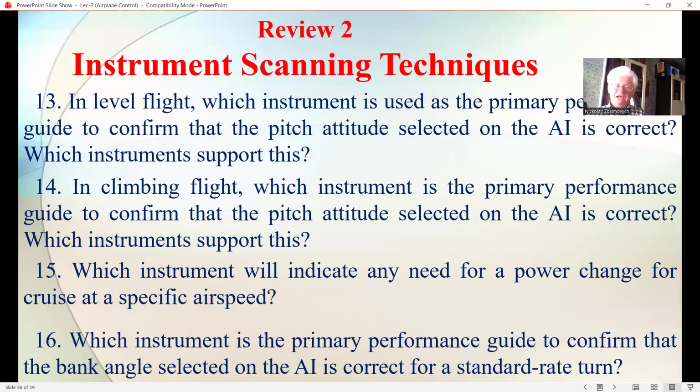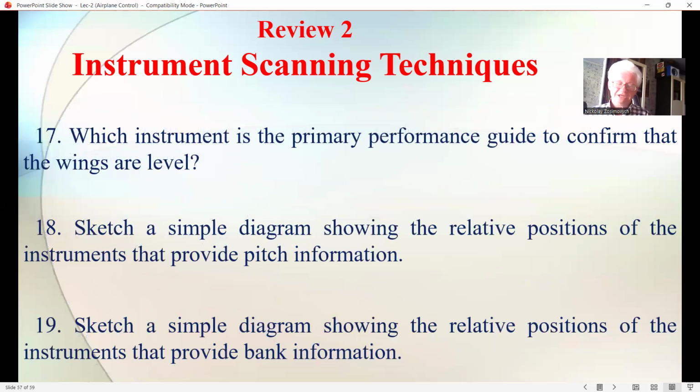Which instrument is the primary performance guide to confirm that the bank angle selected on the AI is correct for a standard rate turn? Next questions on the next slide. Question number 17. Which instrument is the primary performance guide to confirm that the wings are level?